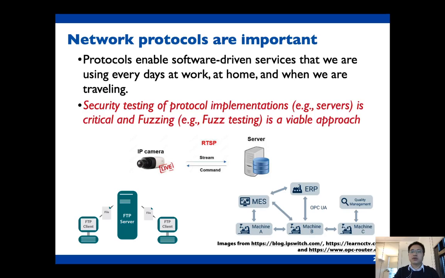Since these network services are widely used, any security flaw in this protocol implementation could lead to severe impact. So the protocol implementations, such as network servers, should be tested carefully to prevent attackers from compromising the system, and fuzzing is a viable approach.